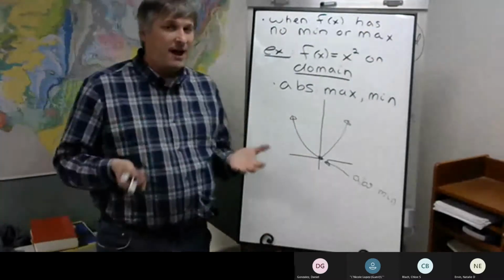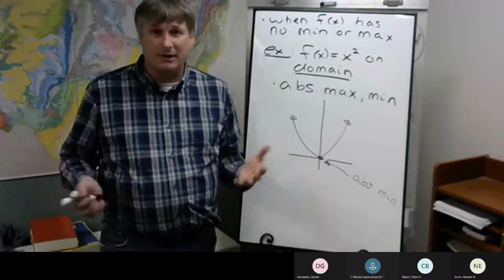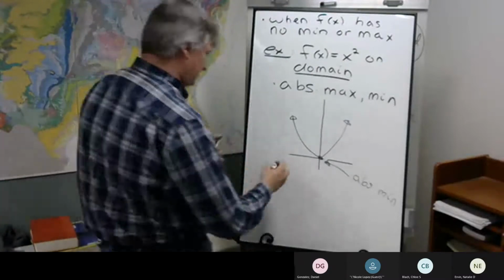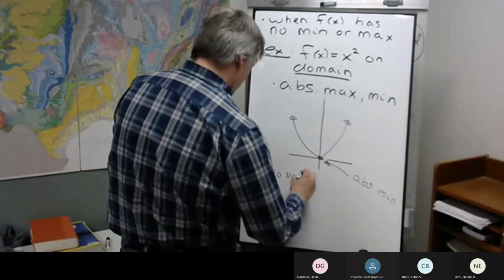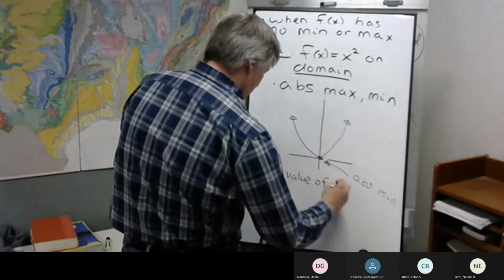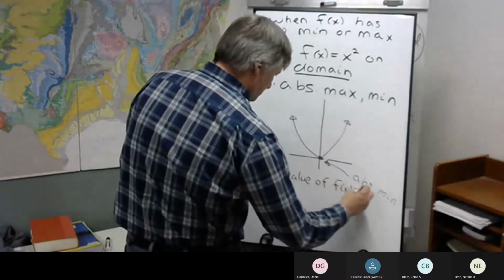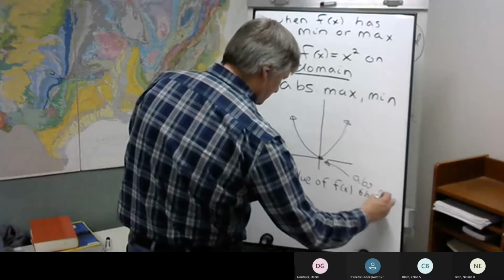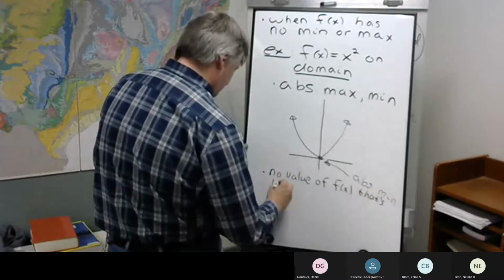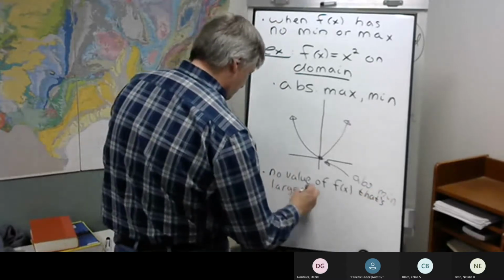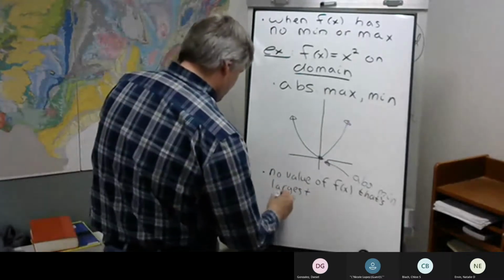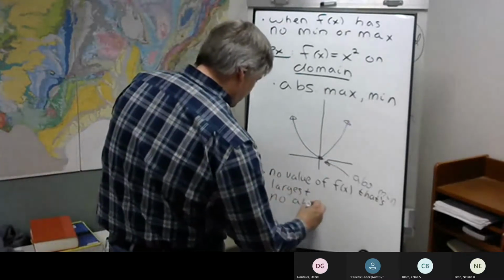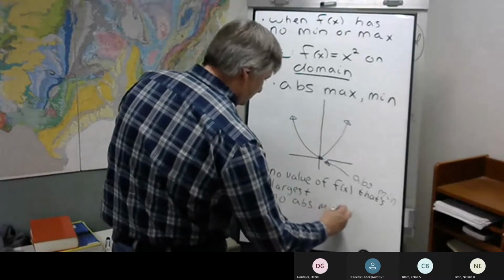So there's no value of f of x that's bigger than all the rest. So in this case, there's no absolute max.